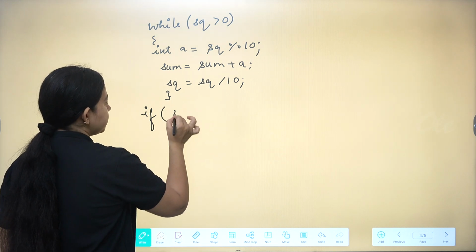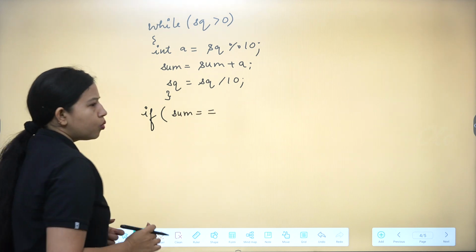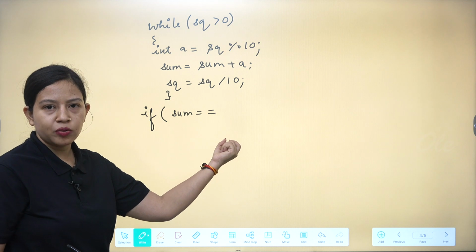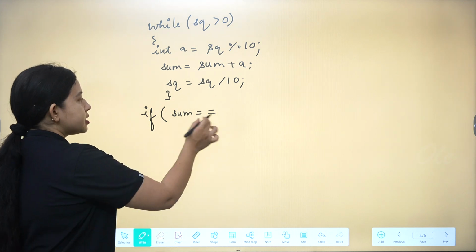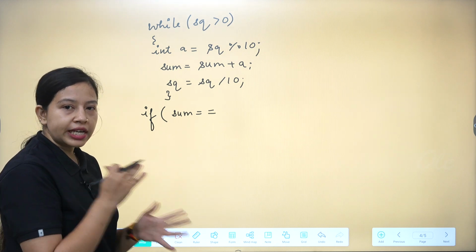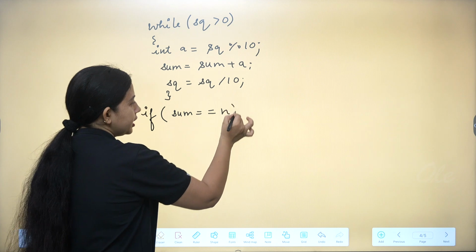First we'll write if sum is equal. What kind of operation are we placing over here? This is relational. This double equal is used to check whether the numbers are equal or not, and we are comparing this sum value with n.